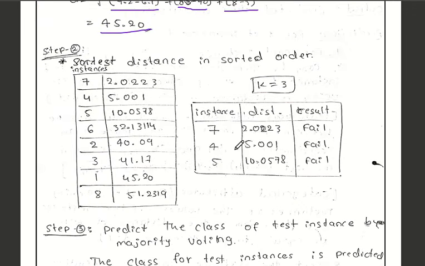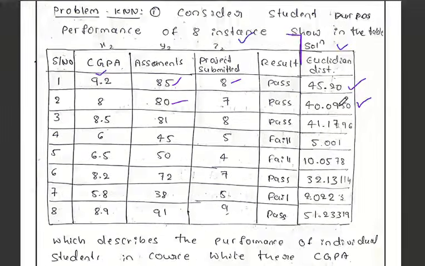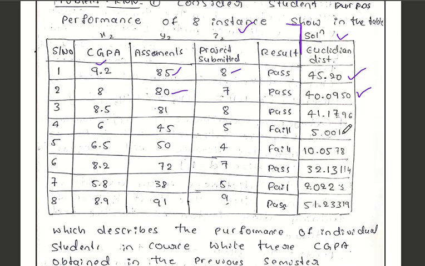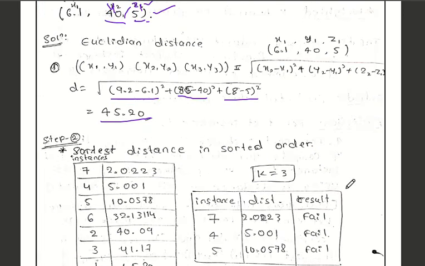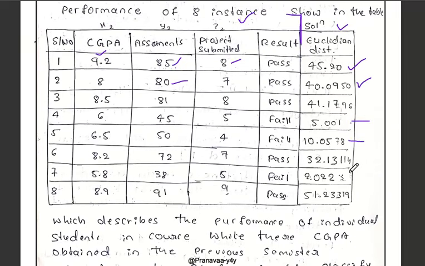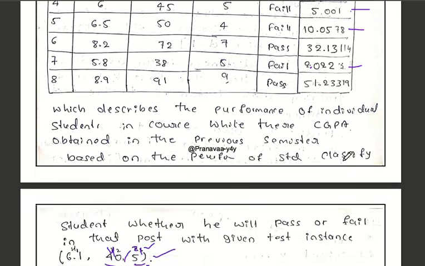Then step 2: whatever Euclidean distances you got, based on that you need to arrange them lowest first. See here, the very lowest value is 2.0, then 2.32.